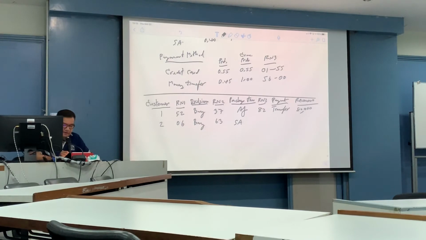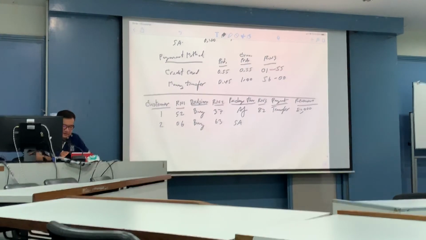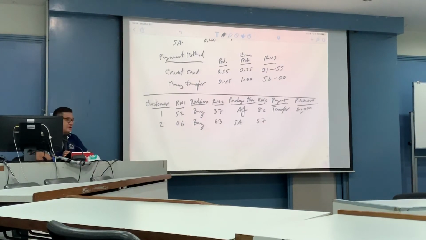The next number for payment is 57. 57 is in the range of 56 to 100. Once again, it is transfer. So we have another 60,000 as revenue.